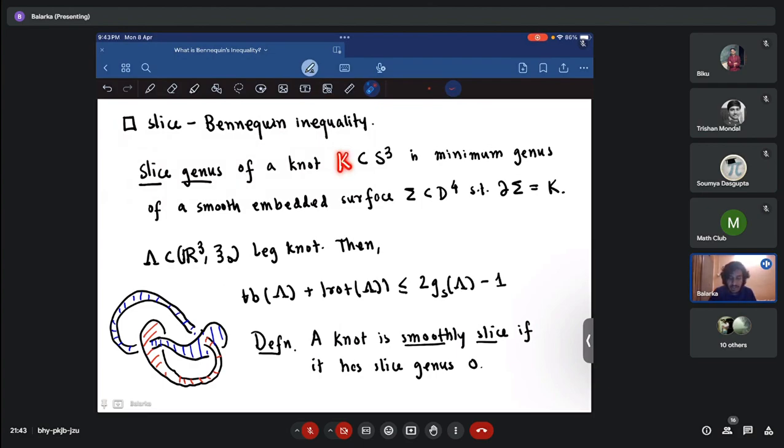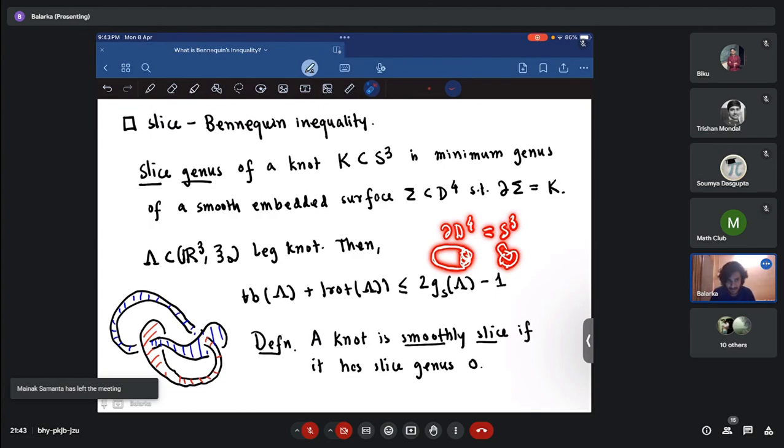If you have a knot in S3, the Seifert surface is the surface the knot bounds inside S3, right? But instead, you can think about surfaces that the knot bounds inside D4, because the boundary of D4 is S3. And you have the knot here. Okay, some complicated knot. That's not an ideal picture, but this is a knot in S3, and it might bound some stuff here in D4.